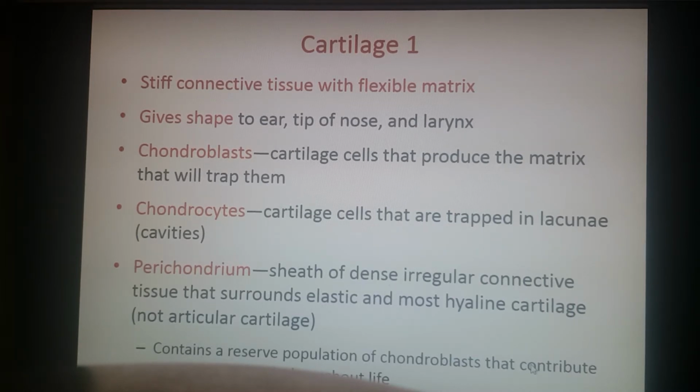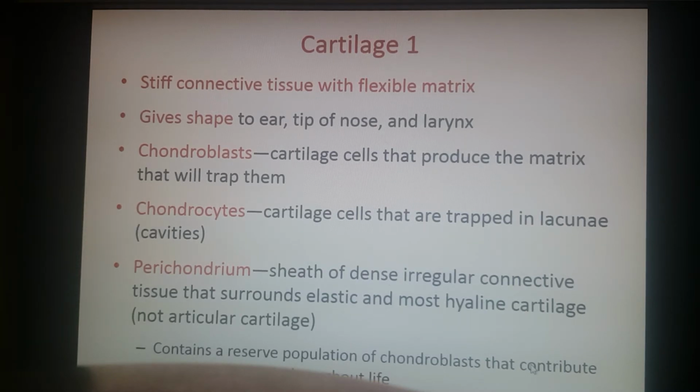As they're building around themselves, they end up getting trapped inside of the tissue material, and once they're trapped inside, they shift and become a chondrocyte. So we go from chondroblast to chondrocytes.